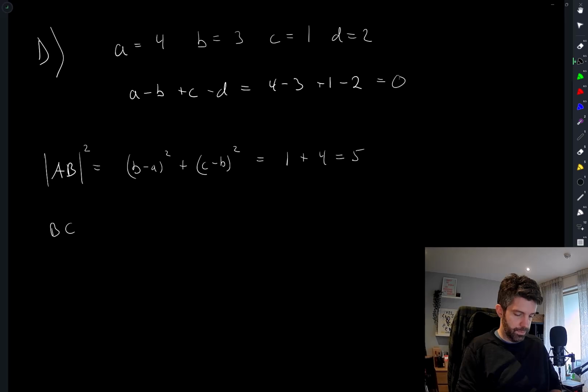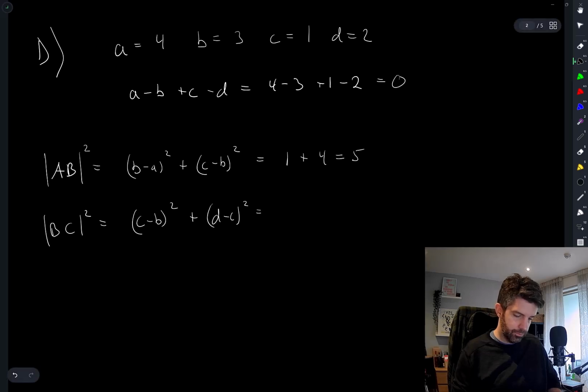Okay, let's compute BC squared: (C minus B) squared plus (D minus C) squared. C minus B squared is 4, D minus C squared is 1, which is 5.